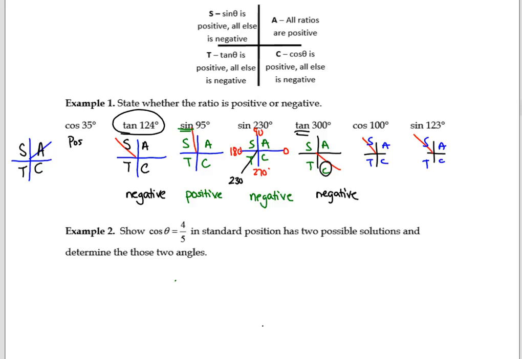Okay, cosine of 100 degrees, positive or negative? Negative. And sine of 123, it's an S, so positive.